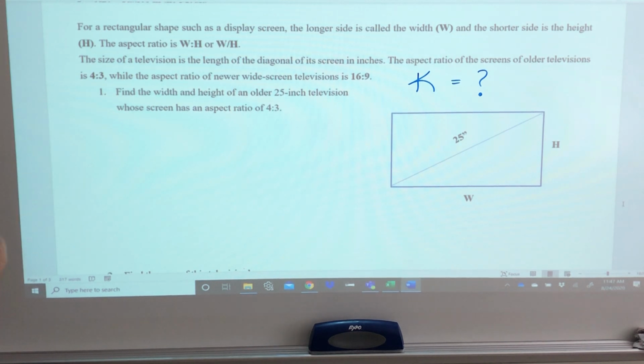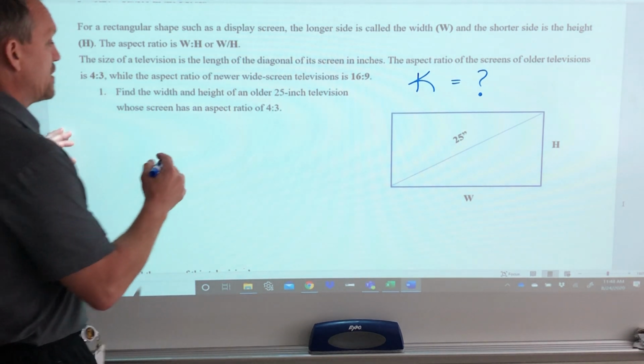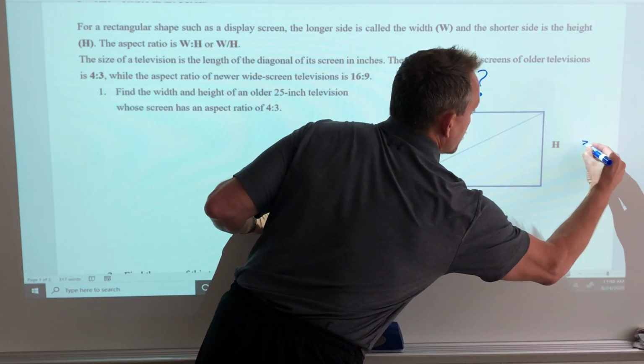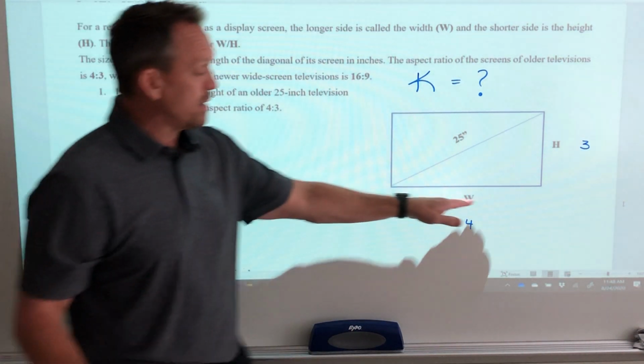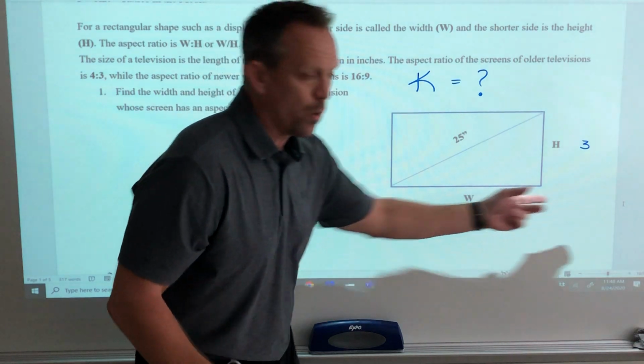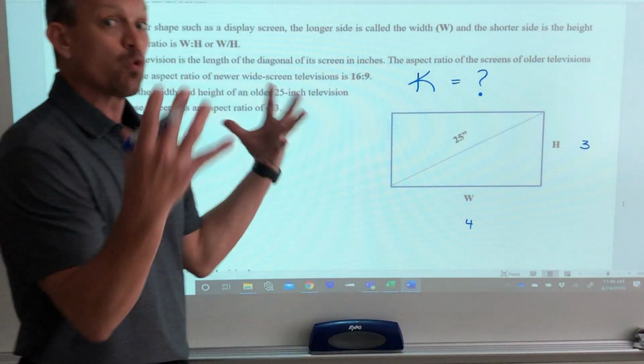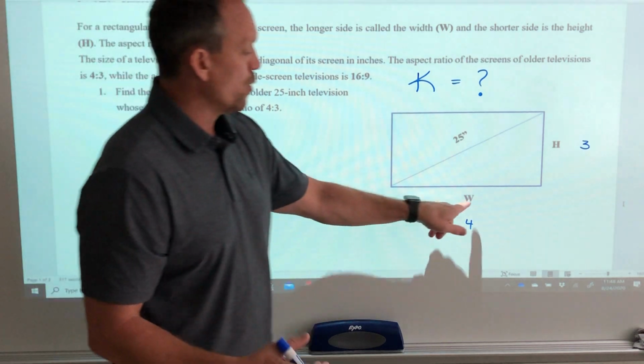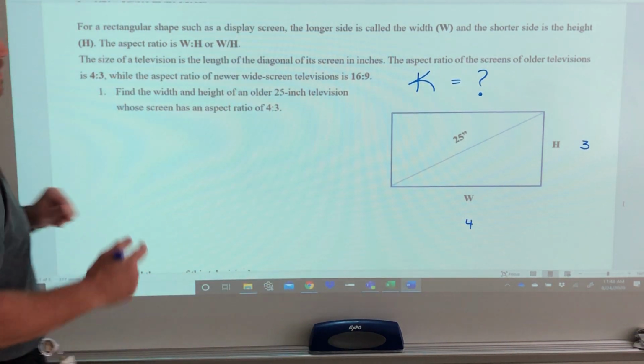So to determine that, we say, well, our 4:3 is our aspect ratio, right? That's not, your width isn't 4. In other words, this isn't 4 inches and this isn't 3. The aspect ratio is 4:3. The width will be something dependent on K.